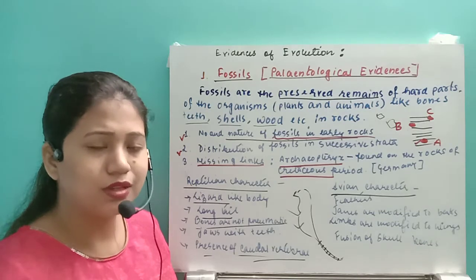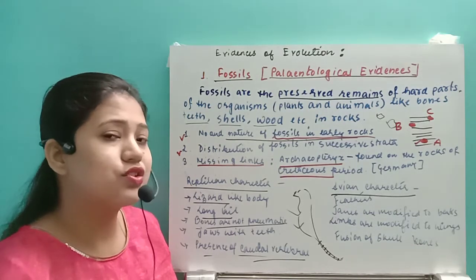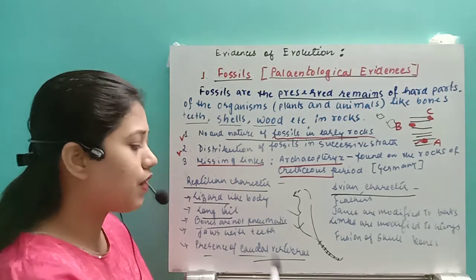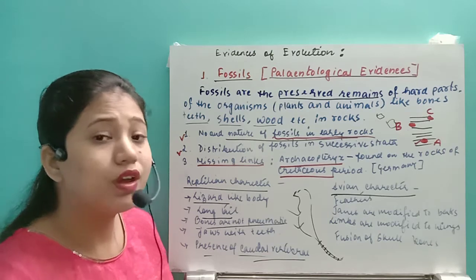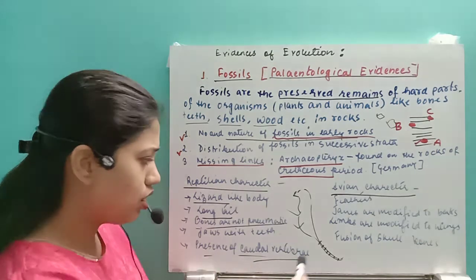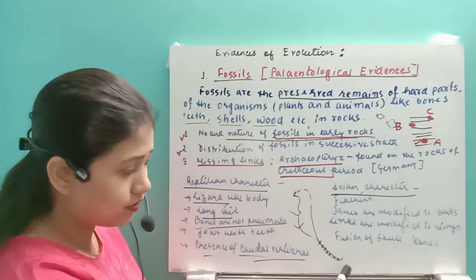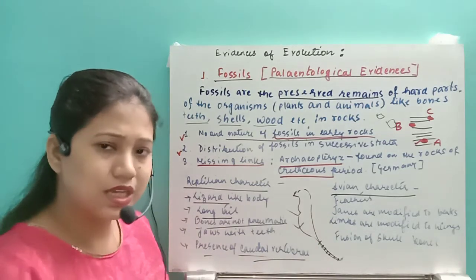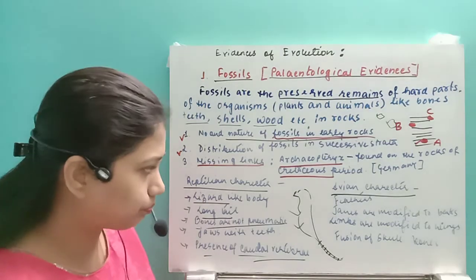Okay, only one vertebra is found, and this is called a pygostyle. This is a characteristic of birds. But in case of Archaeopteryx, as it is a missing link between the reptiles and the birds, here we can see this last tail-like structure which has the vertebrae. All of the vertebrae are present, they are not fused. So this is one reptilian characteristic.